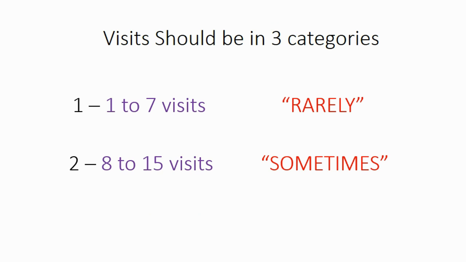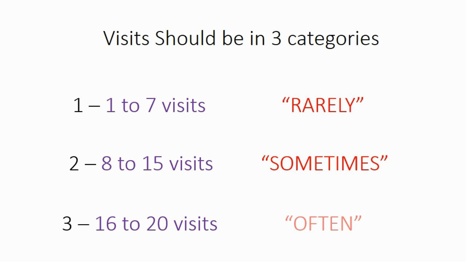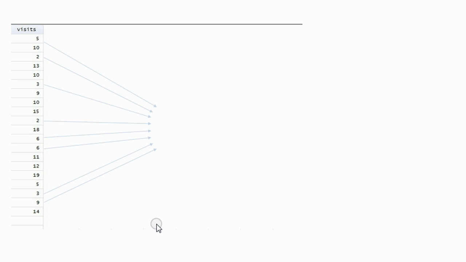And if they visit the pool anywhere between 16 and 20 times a summer, we would like to recode those values to equal the number 3 and put on the label often, which means any respondent with values in visits between these amounts visits the pool often.